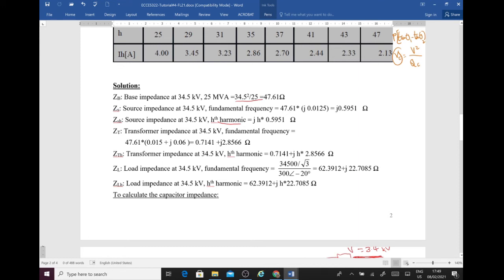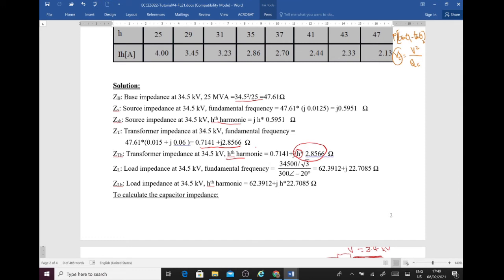We need to do the same thing with the transformer. So R plus j omega L per unit multiplied by the base will give us the impedance in ohm. And for the H harmonic, the omega L, H will be multiplied by XL.